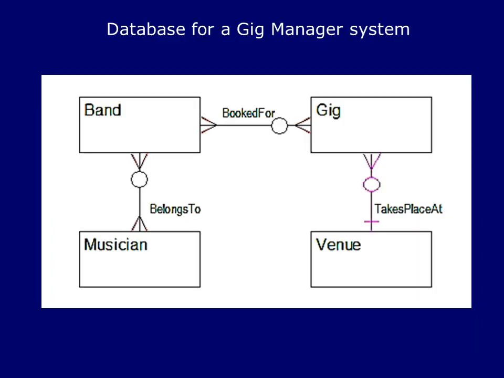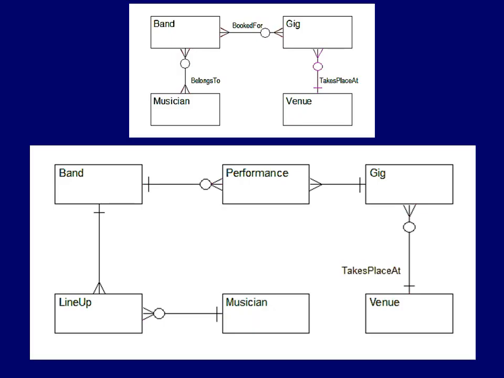Back to something you're more familiar with, the gig manager. The many-to-manys here, we get rid of them in the same way. Might be a bigger one, but it's no more complicated. You just take each one on its own. Between musician and band, you put X, transfer the crow's feet, and then you say, what could we call this X?